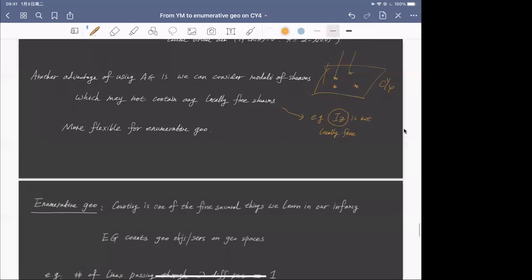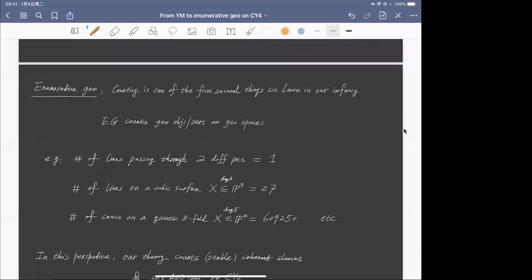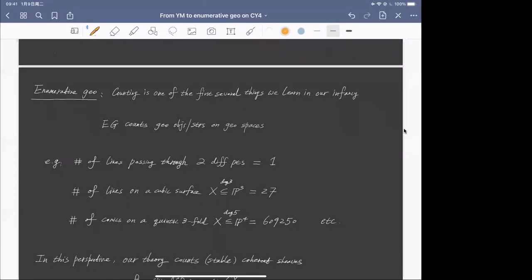Finally, very quickly, because I promised in my title that I want to link with enumerative geometry. Later in a talk or in a planned coffee meeting talk, I will give a quick explanation of enumerative geometry.